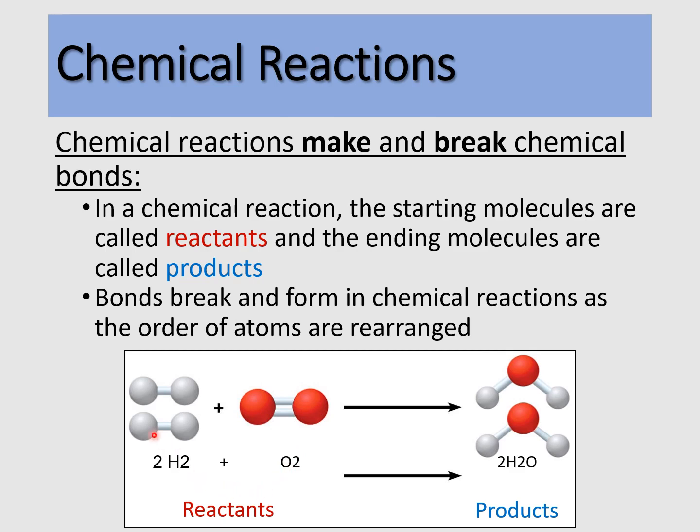So now these are our reactants, these are our starting molecules, and we're going to break some of these covalent bonds to create new covalent bonds, and we get 2 waters. So now instead of bound to each other, they're going to be bound to 1 oxygen to 2 hydrogens, and you get 2 waters. And these guys are our products. Okay? So reactants are the starting molecules, products are the ending molecules. And these are chemical reactions.